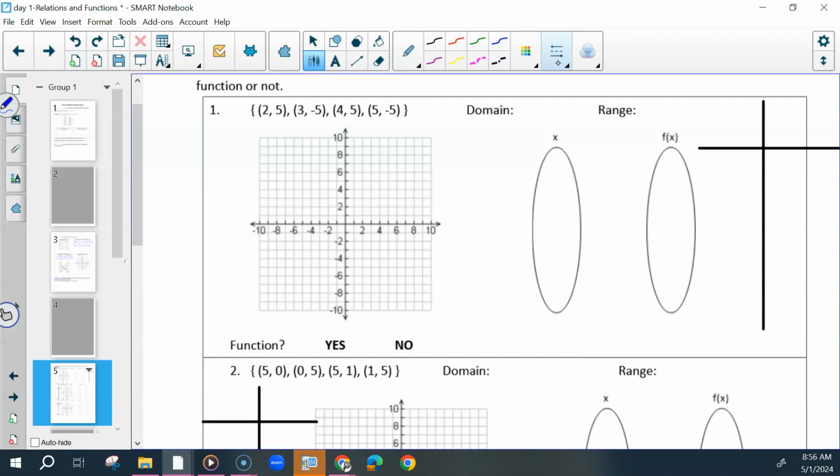So go ahead and start to do that. When you're doing your mapping, make sure you're not putting repeating numbers, only put each one once.